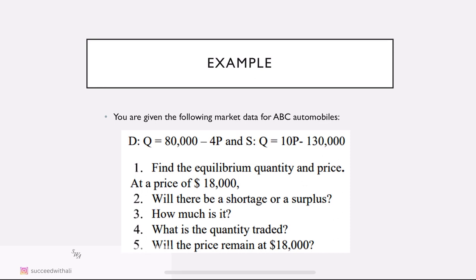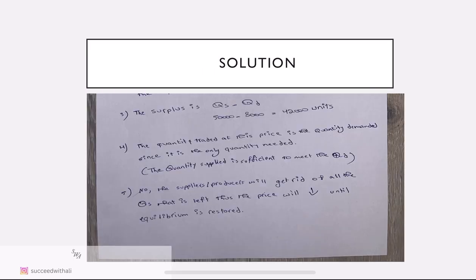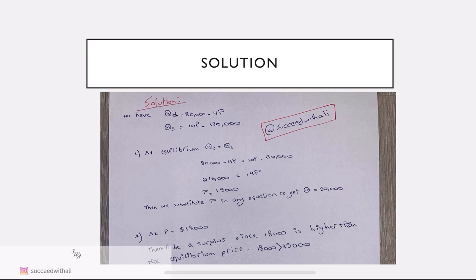What is the quantity traded? The quantity traded is the quantity demanded, since it is the only quantity needed. The quantity supplied is sufficient to meet the quantity demanded.